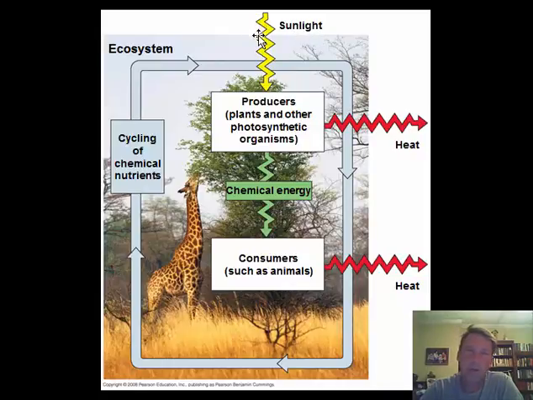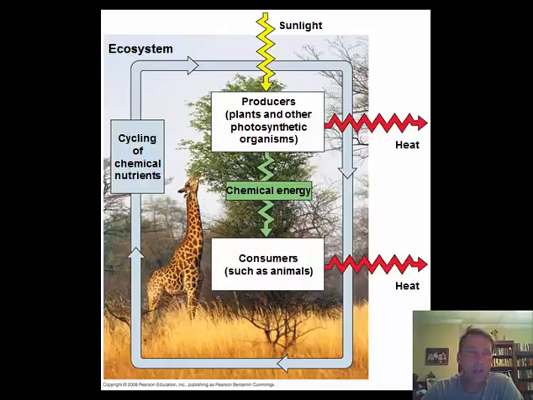Sunlight reaches the earth, and that is picked up by producers, photosynthetic organisms that are able to convert that energy into a molecular form, and then that molecular form of energy can then be utilized by consumers. And so this cycling of energy and the chemical nutrients that go with it is essential for living things. So energy is essential.